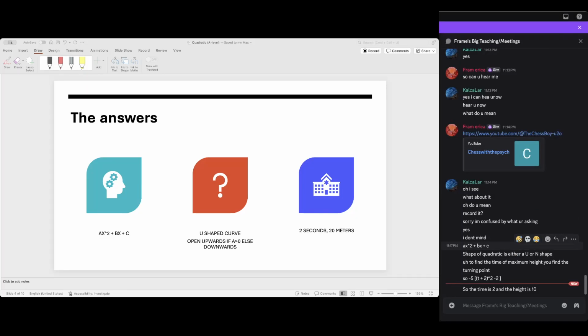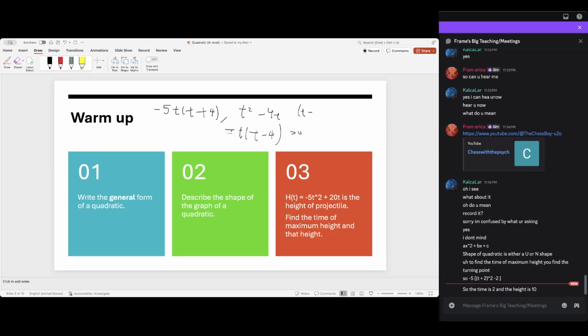Time is 10, but actually, if you put 2 into this height t, we have minus 5 times 2 squared, that means minus 20, plus 20 times 2. So this is minus 20 plus 40, which is equal to 20, not 10. So I'm afraid that the height is not correct. But the time is right.